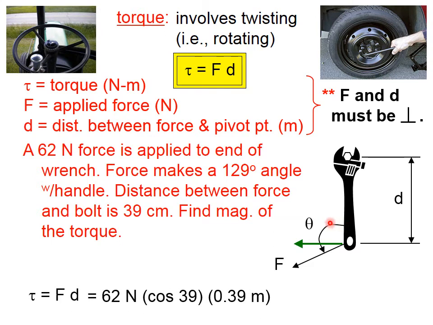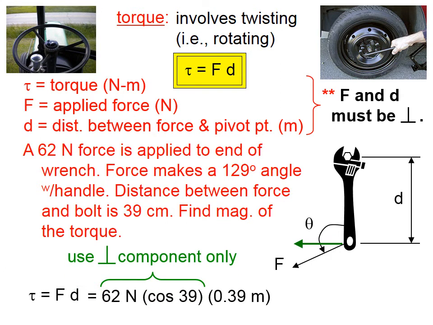If this angle that's shown is 129 degrees, then the angle in between this green line and this black vector must be 129 minus 90, because this angle is 90, so this little angle here must be 129 minus 90, which is 39. That's where the 39 came from.